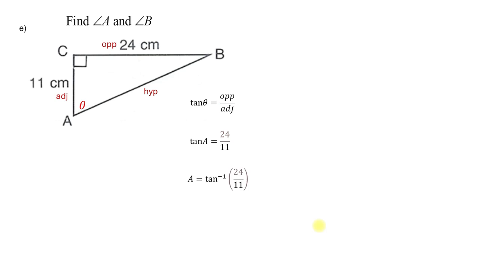Angle A by itself then will equal the inverse tangent of 24 over 11. Entering those values into our calculator gives us an answer of 65.4 degrees for angle A. If we add angle A plus 90 degrees, and subtract that value from 180 degrees, we get a value of 24.6 degrees for angle B.